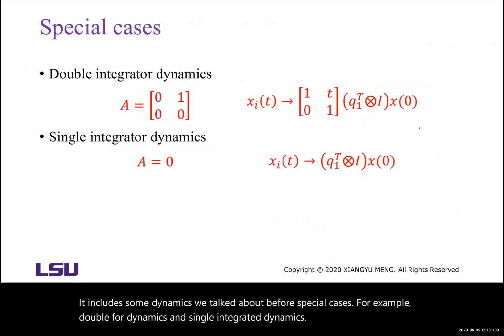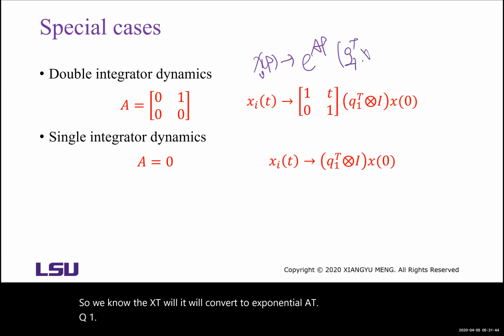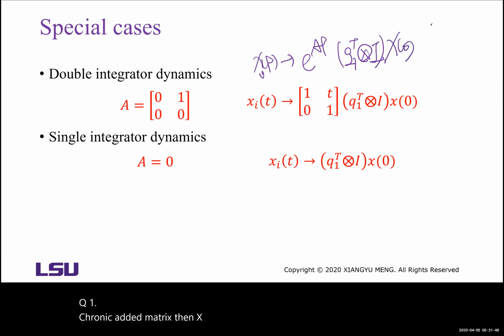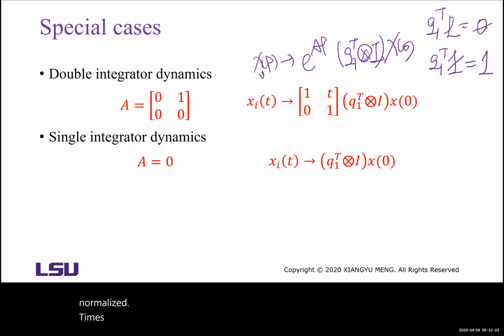So we know xi(t) will converge to exponential At, Q1 Kronecker identity matrix, then x0. So Q1 is a left eigenvector of the Laplacian matrix associated with the 0 eigenvalue, normalized so that Q1 transpose times the r1 vector is 1.